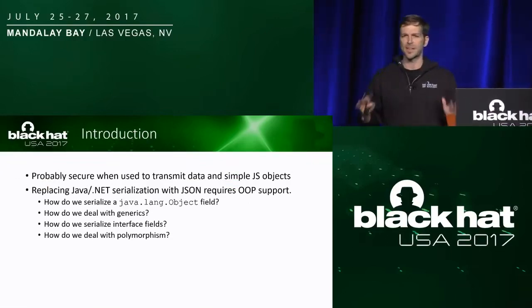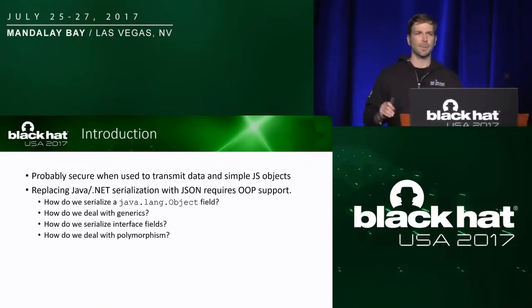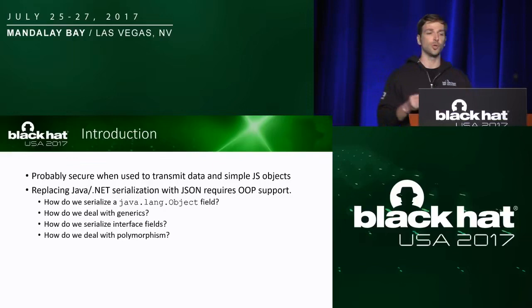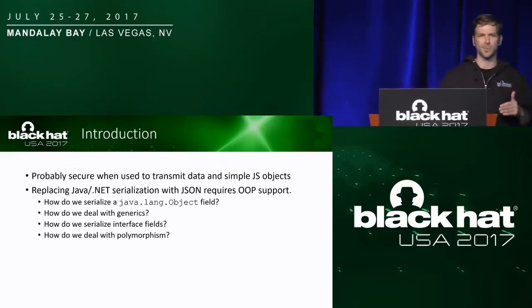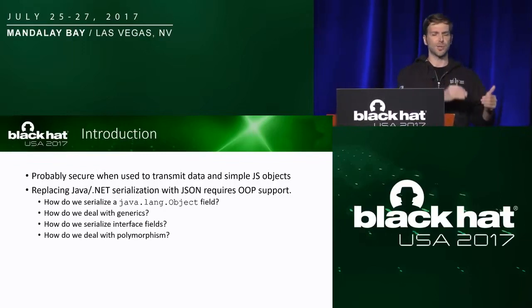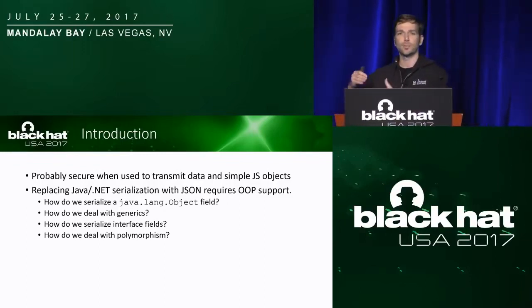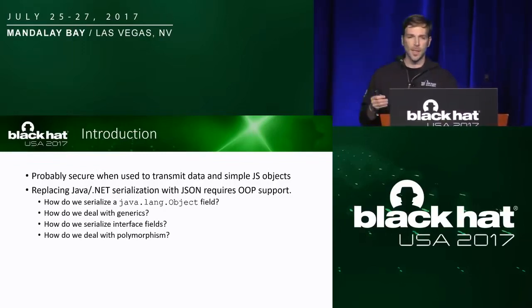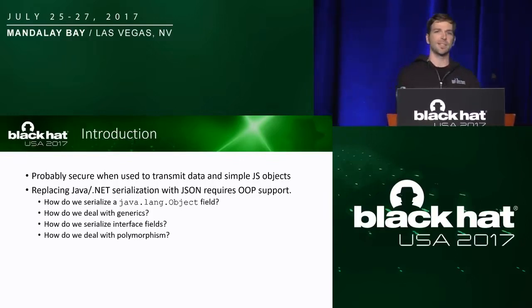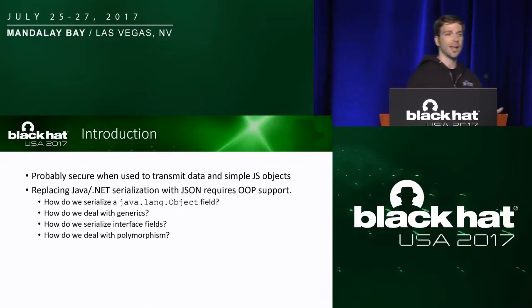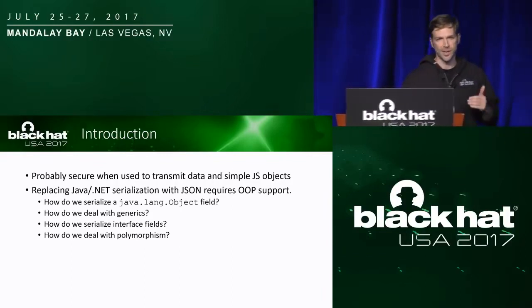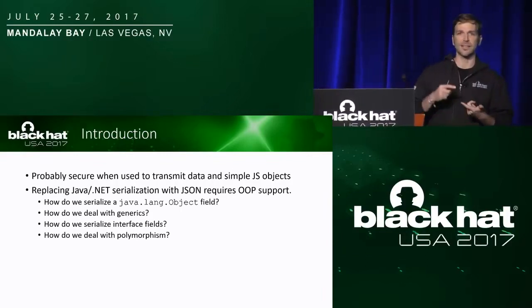Just to set the expectations clear, we're not talking about JSON when used to exchange simple data or simple JavaScript objects between a JavaScript front end and maybe a Spring controller in the back end or something like that. We're talking about replacing Java deserialization and .NET deserialization with JSON libraries, which means that you need to serialize Java objects and .NET objects.